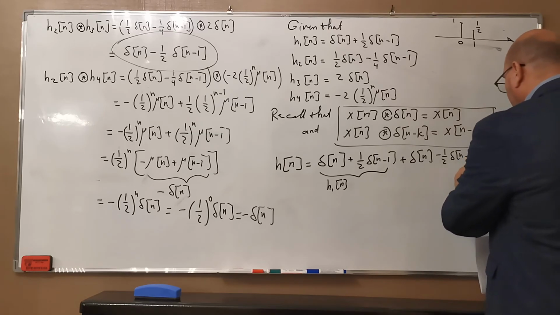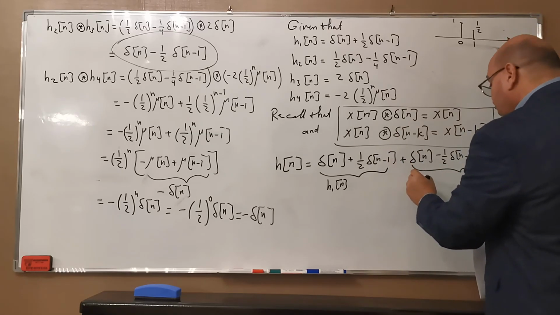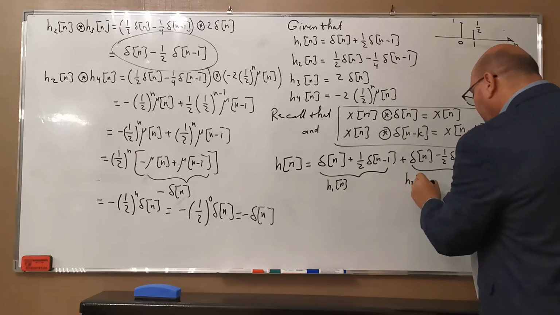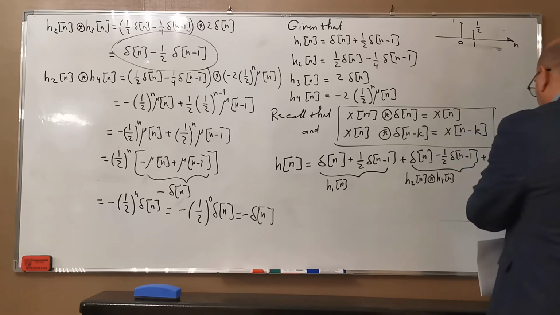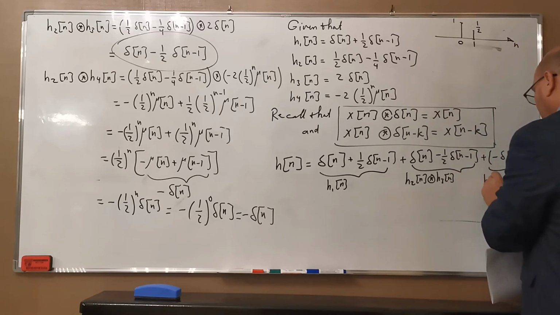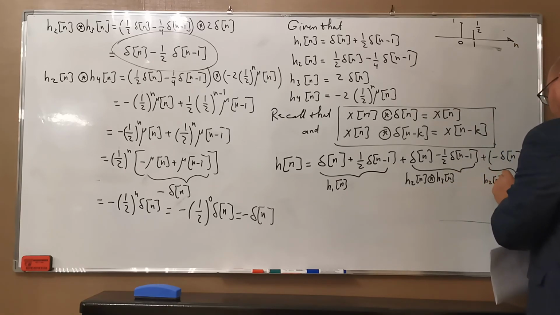This one here is h2 of n convolved with h3 of n, and this one here is h2 of n convolved with h4 of n.